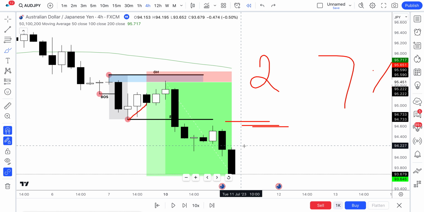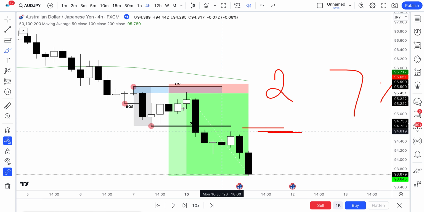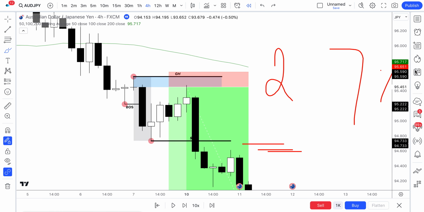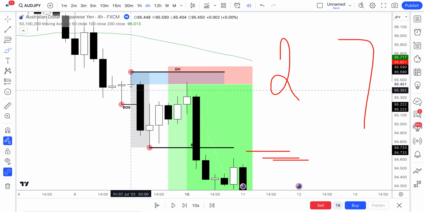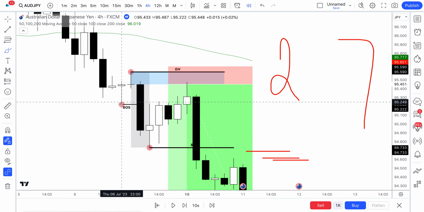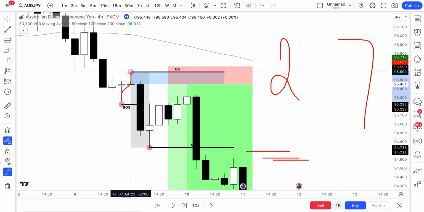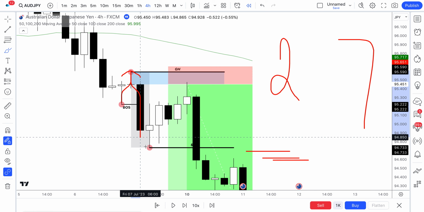Okay. Another thing to note on why this strategy works is because, let's zoom in. So institutions, they need to buy heavily in order to create the liquidity to move this market to the downside.